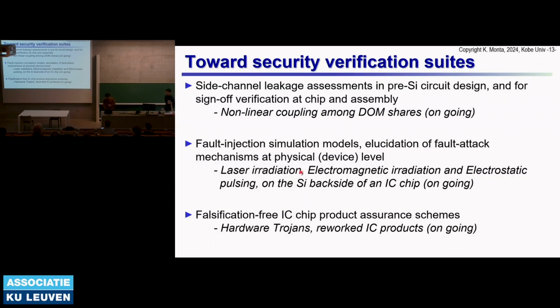Those are another topic. And also the falsification-free IC chip product assurance schemes that I showed you in the previous slides can be another topic we are targeting. Those are different topics, but quite important. I think you can understand that they could be quite important for security designs in the IC chip field.